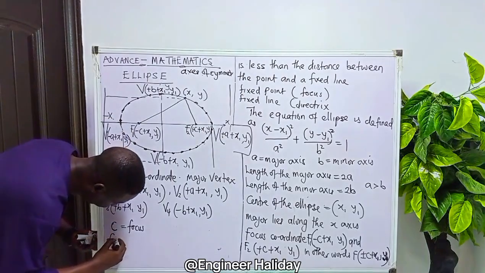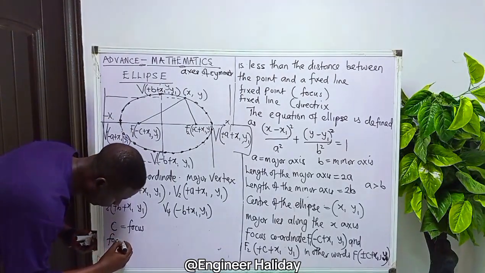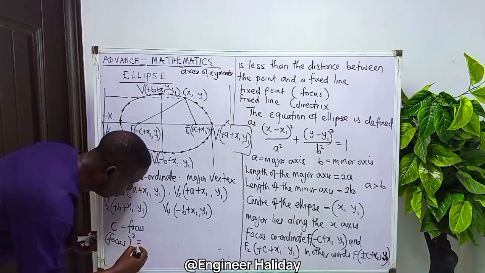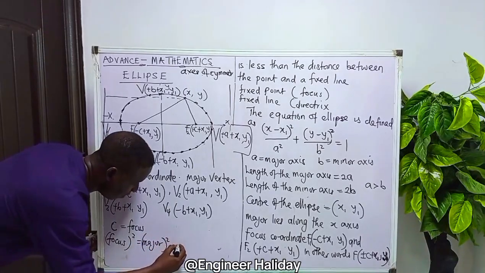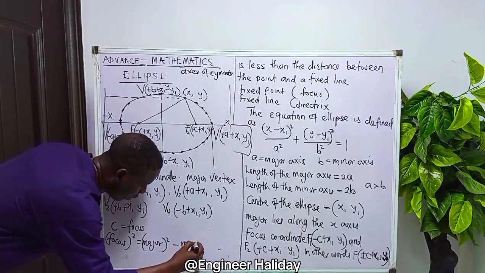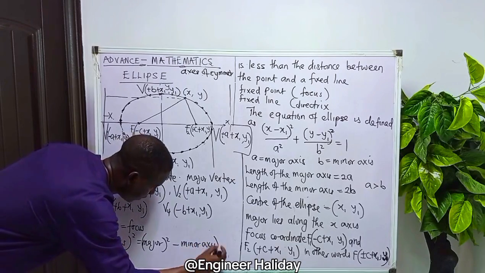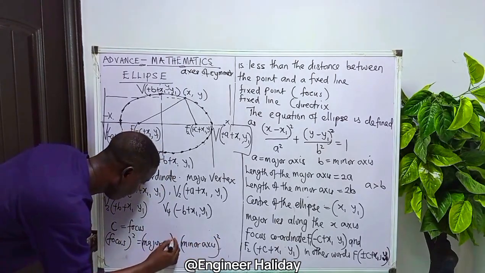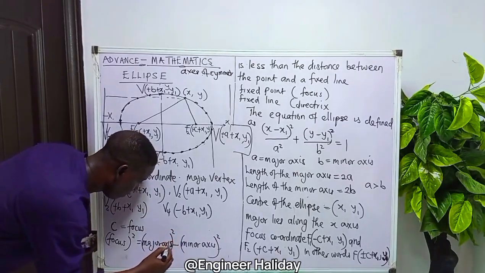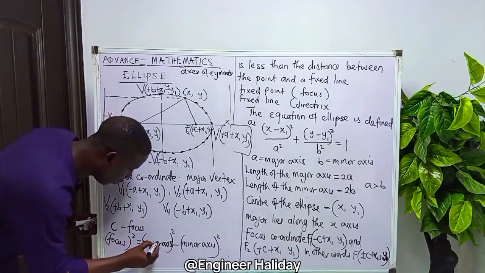The focus squared should be equal to major squared minus minor squared, minor axis squared.